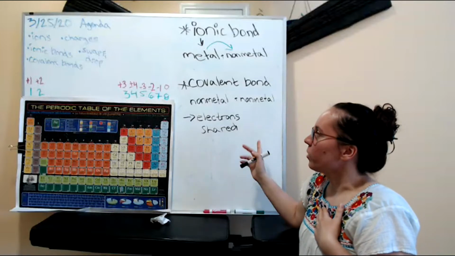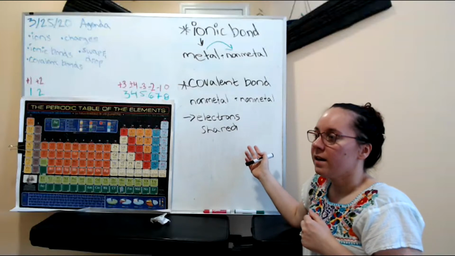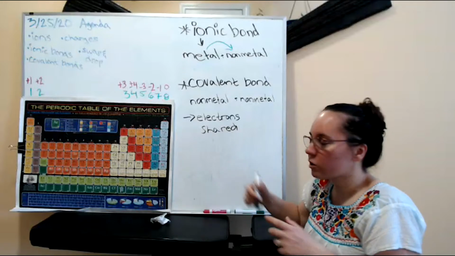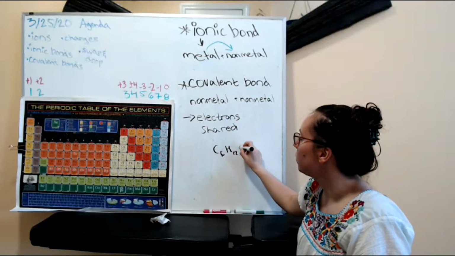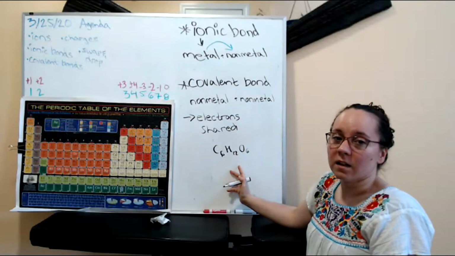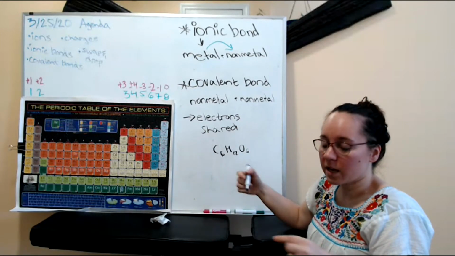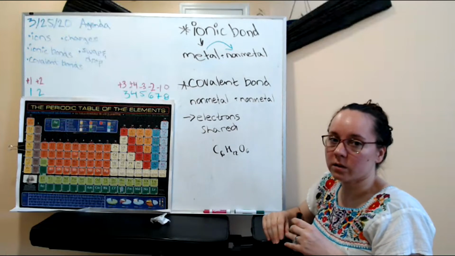Now, the reason covalent bonding can get more complex is because in a covalent bond, this is how large molecules are made. Remember learning about glucose last year in biology, C6H12O6? Yeah, that's a lot of atoms in that. So covalent bonds can get really large, and doing charge balance and stuff for that, we don't touch that in here.